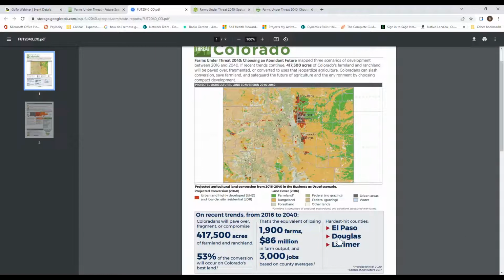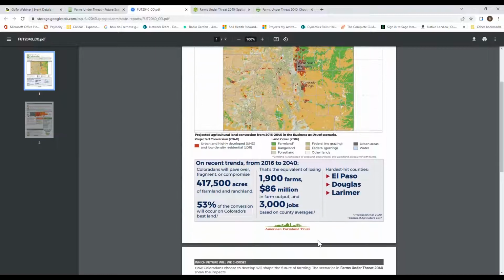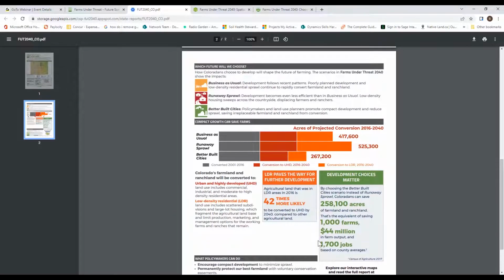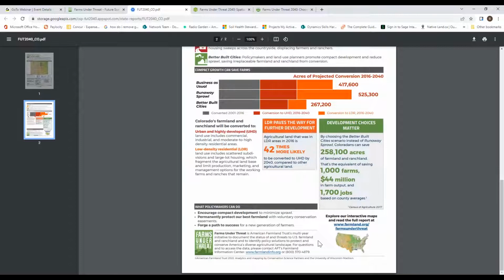And you can see here that we estimate it's the equivalent of losing 1,900 farms and ranches, $86 million in lost farm output, and the potential loss of 3,000 jobs in the agricultural sector. So pretty significant there. The rest of this information is talking a little further about how development choices matter and some of those acreage figures.